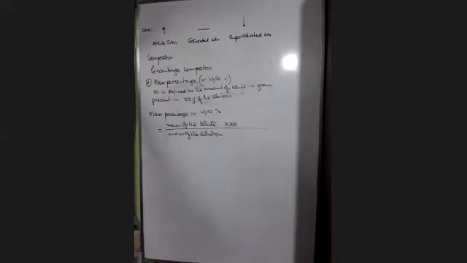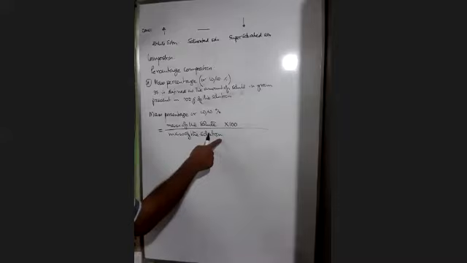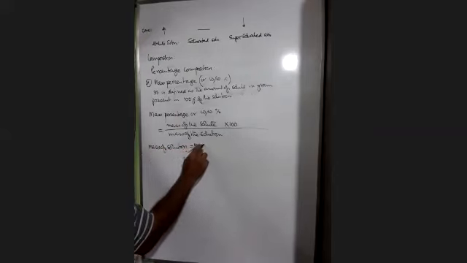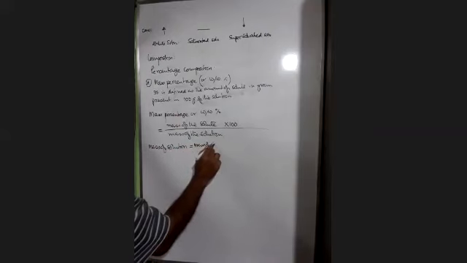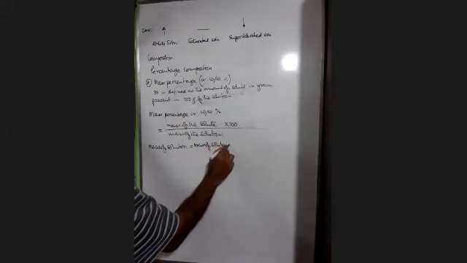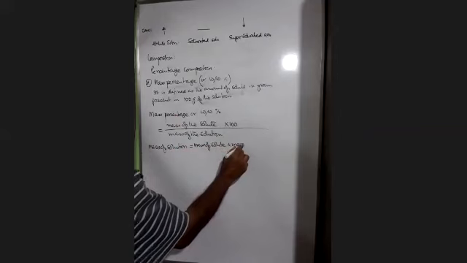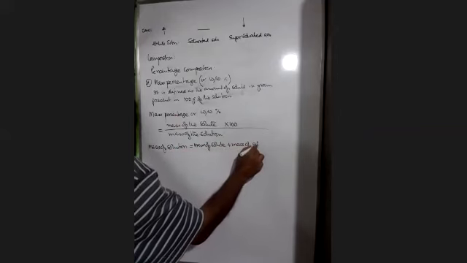Okay, now see mass of the solution. So how to find out the mass of the solvent? See, mass of solution is equal to mass of solute plus mass of solvent.